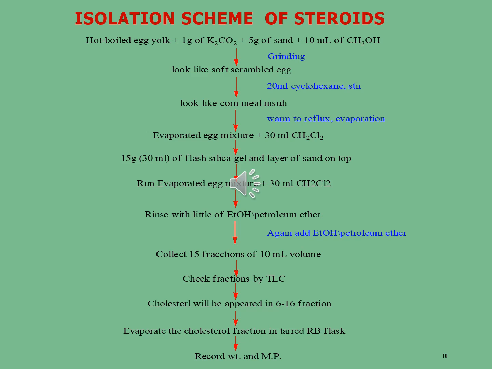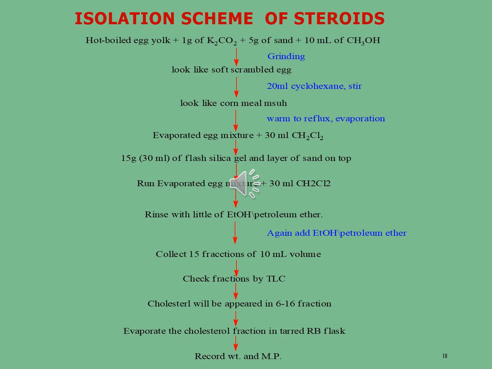So, the cholesterol will be spread into fractions 6 to 16. Now, after the evaporation of the cholesterol fractions, we will get the cholesterol crystals in the round bottom flask. Now, the steroid, which is in the form of cholesterol, is weighed and then its melting point is taken.